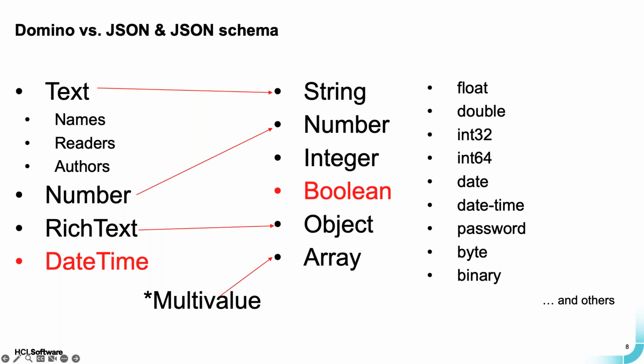Rich text would typically map to objects, but on the JSON side, you also have Booleans, and we have come up with different mechanisms for simulating Booleans in Notes and Domino. Sometimes you might code it as a text field with 0 or 1, or a number field with 0 or 1, or a text field with yes and no. There are different options there, but we need to be able to map between the two.